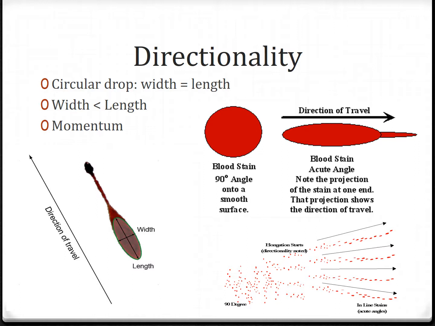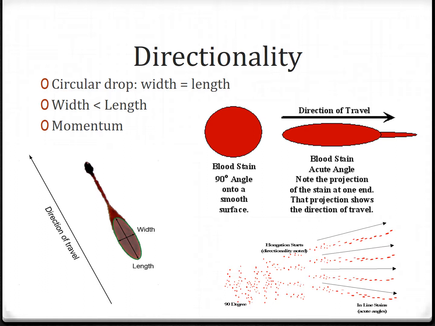Also, there's a mathematical relationship between the width and the length of an elliptical blood stain. This is really nice because this will allow us to calculate an angle of impact, or AOI. Okay, so an angle of impact. So this tells us what angle this blood drop hit a surface at, be it the floor, the wall, or the ceiling, or whatever else.